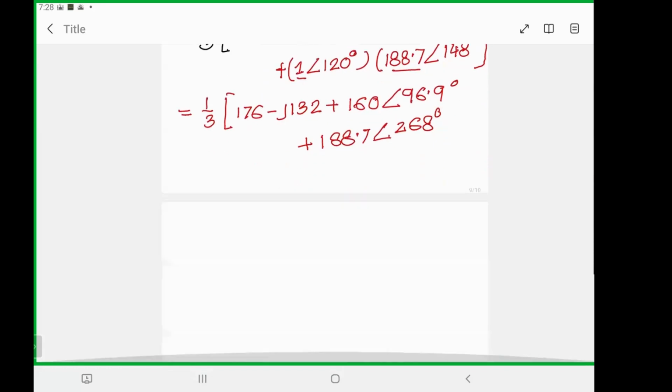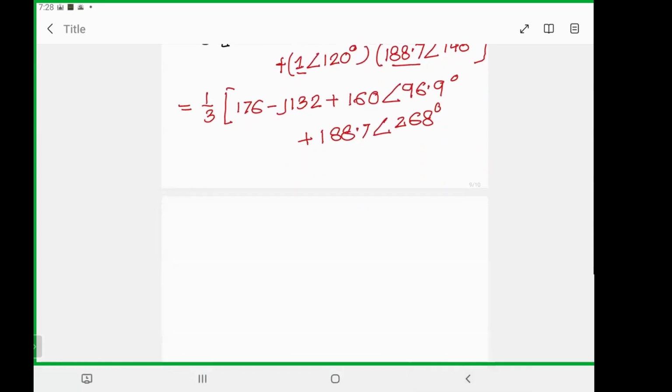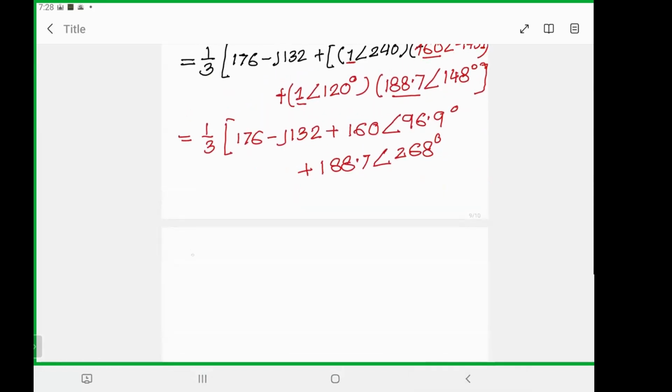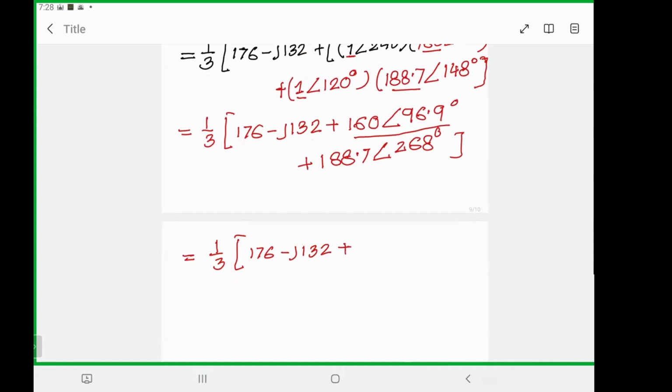Now we need to do the addition, and in order to do the addition I will use a third bracket here. So 1/3, and then 176, we will not do anything, 132. Now this one has to be converted back to rectangular form. So can you help me?